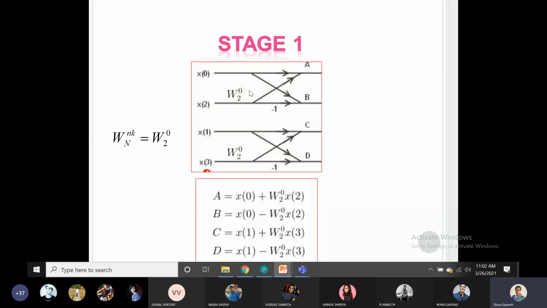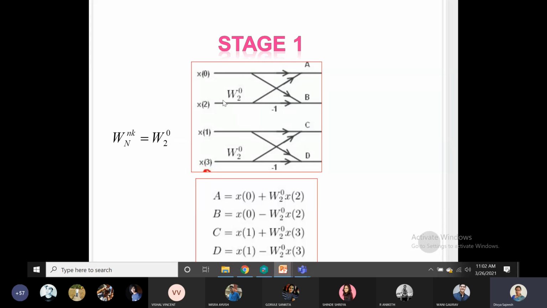In the basic diagram we have learned, the second input will be multiplied with a twiddle factor W_2 raised to 0, and in the next branch the multiplication will be with minus 1. The rest will all be with plus 1 only, so there will not be any change.